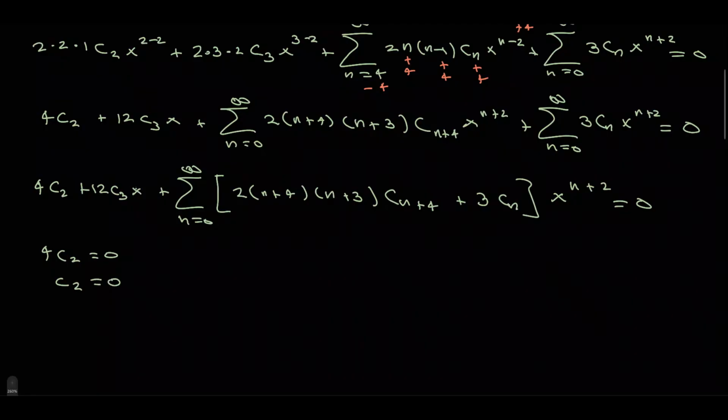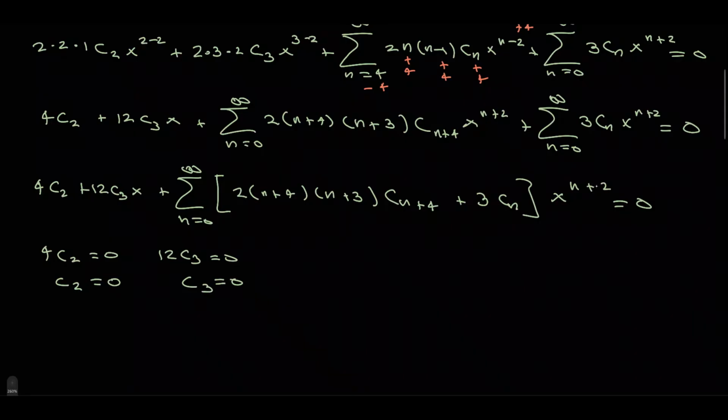On the other hand, the coefficient of x to the first power, which in this case is 12 c sub 3, must be equal to the coefficient of x to the first power on the right, but because there's nothing, that's also equal to 0. So 12 c sub 3 equals 0, that is, c sub 3 equals 0.